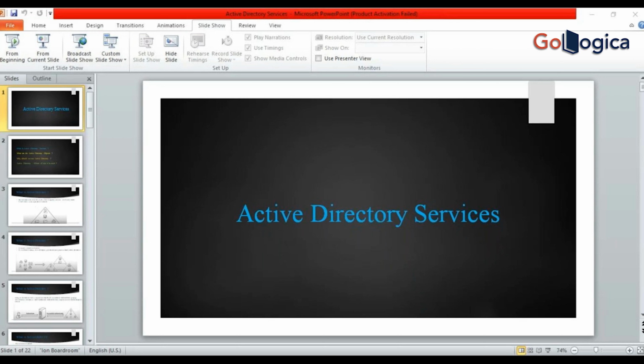As I told you earlier also, a telephone directory, if you have seen it in the past or in the current situation also, contains the person's number, name, and details like address and all the things. So we can easily figure out where this person is located, what his contact number is, what his name is.